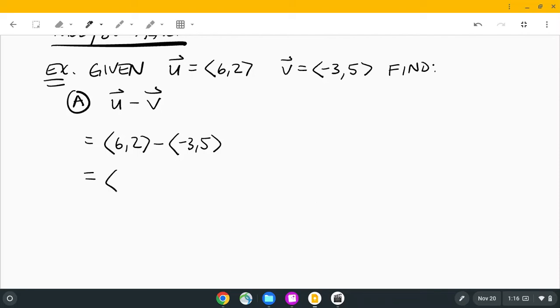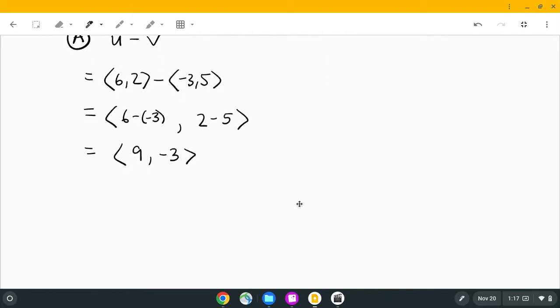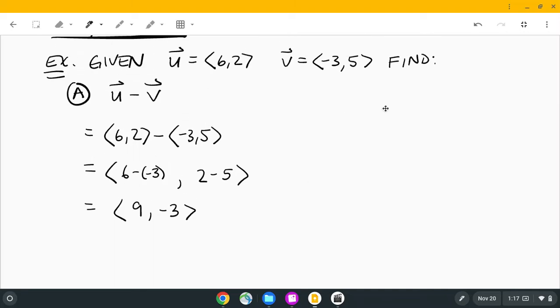So here you would do 6 minus negative 3, and over here you would subtract your y components, so 2 minus 5. So here you would get 9, and here you would get negative 3, a whole new vector. Actually, we'll look at that in a minute. Let's finish letter B.